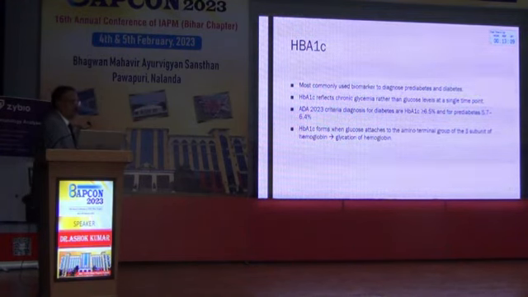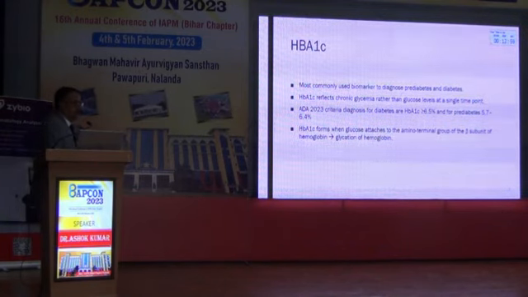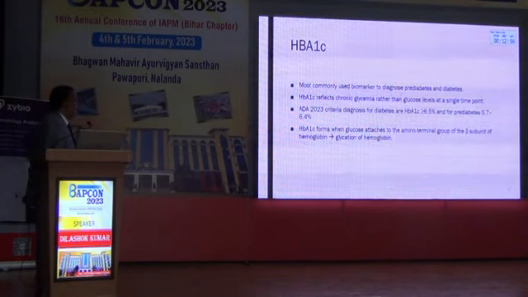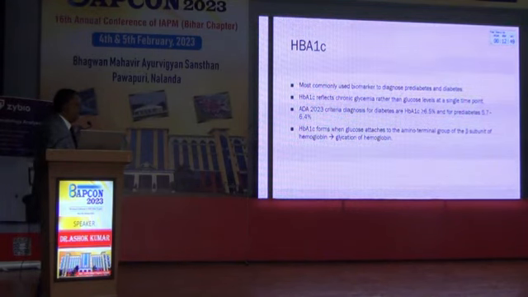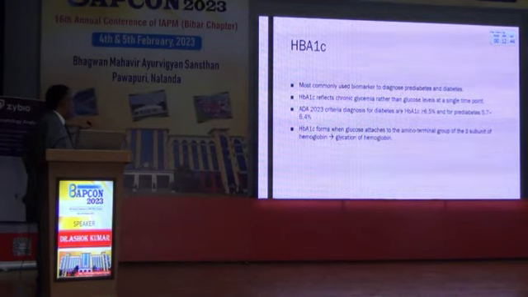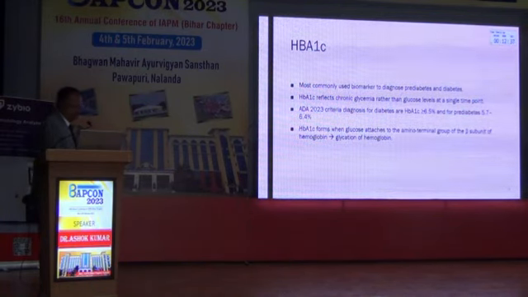According to the American Diabetes Association, the criteria for diagnosis: diabetic HbA1c level is equal to or more than 6.5%, and pre-diabetic is 5.7 to 6.4%. HbA1c is formed by glucose attached to the amino terminal of the beta subunit of hemoglobin, in other words, the glycation of hemoglobin.